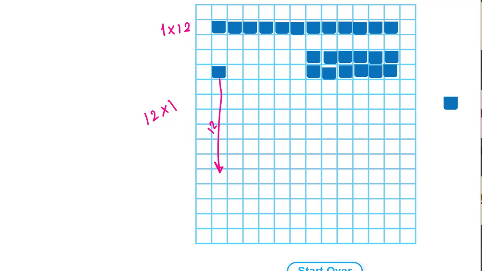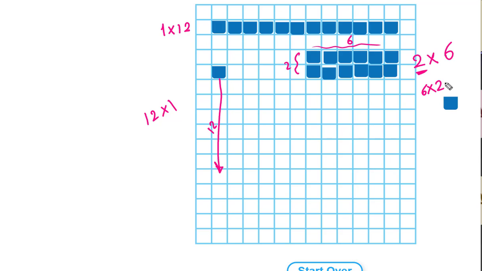So this is 2 times what? 2 rows and how many columns? 6 columns. Sorry, this is 2 times 6. Can we do it 6 times 2?